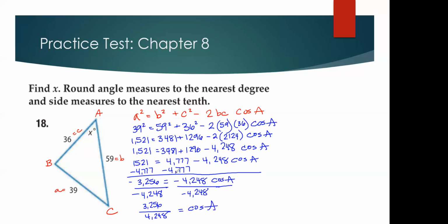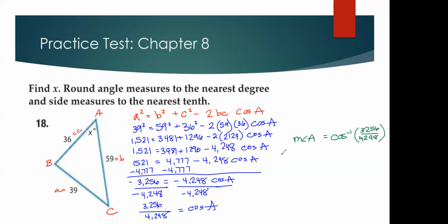And then we're going to use the inverse cosine here. So that means that the measure of angle A is going to equal the inverse of cosine of 3,256 over 4,248.